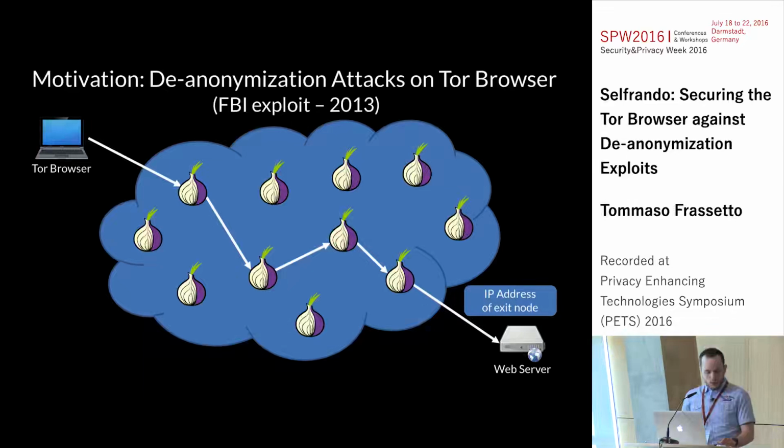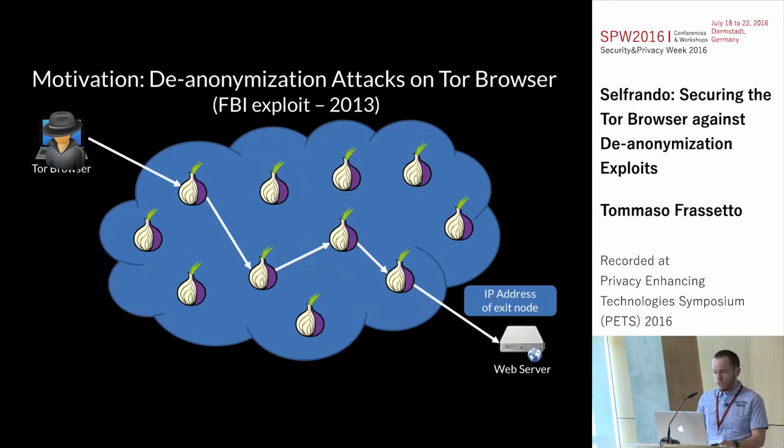If an attacker wants to perform a deanonymization attack, that means to know who a user is, the attacker can do two different things. It can do an attack on the network, just as we just heard in the previous talk, or it can attack the application on the endpoint, in this case, Tor browser. And for this talk, we will focus on this second attack.